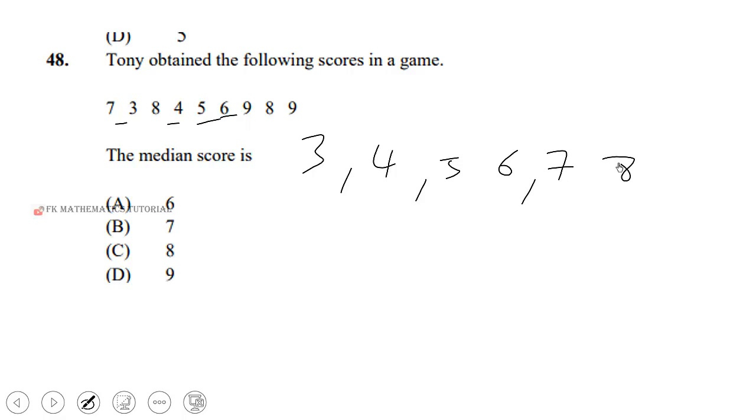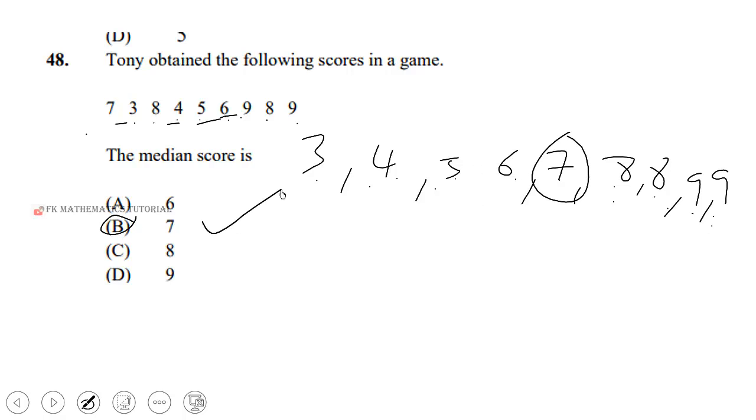The next one is 8. 8 is 2. The next one is 9. 9 is also 2. So 1, 2, 3, 4, 5, 6, 7, 8, 9. So 1, 2, 3, 4. So the middle one is 7. The median is 7.